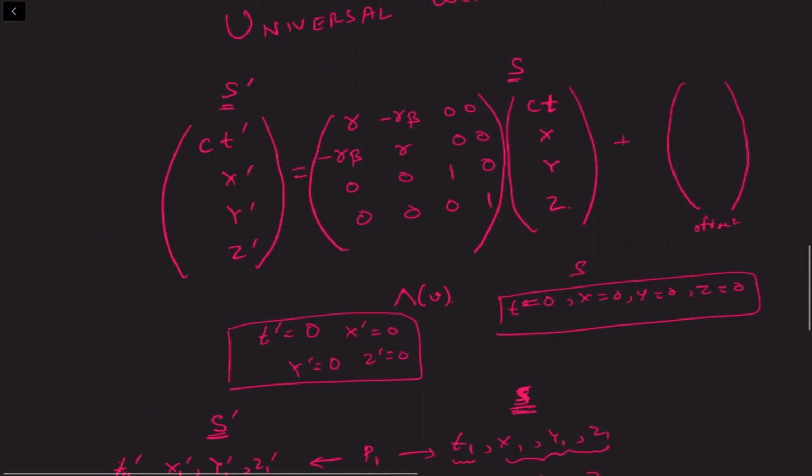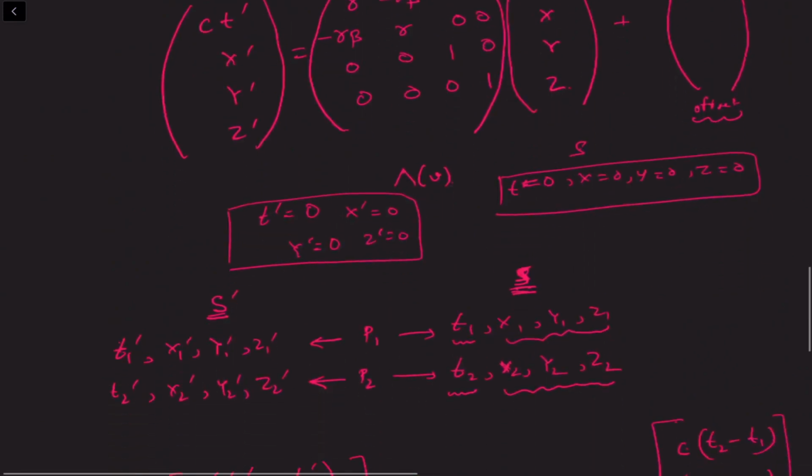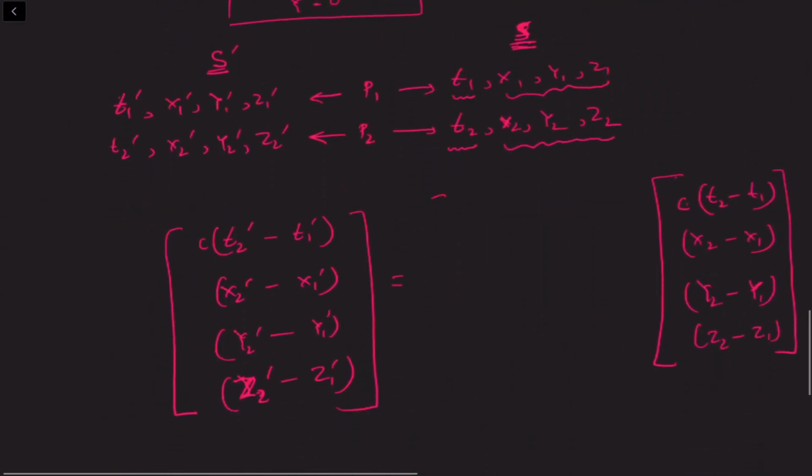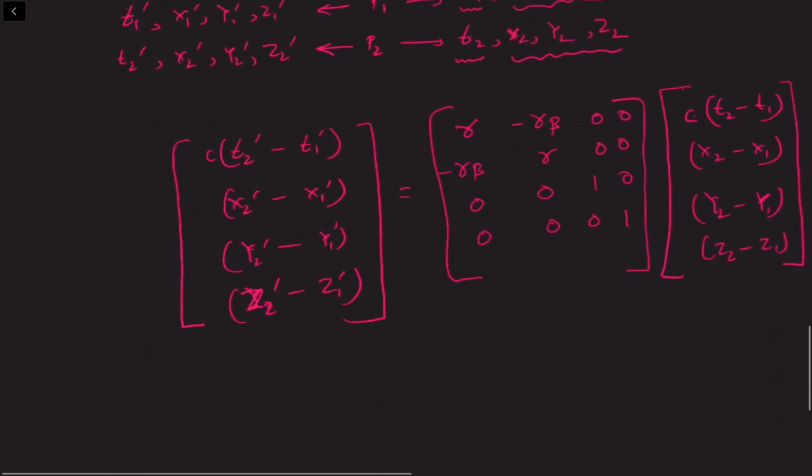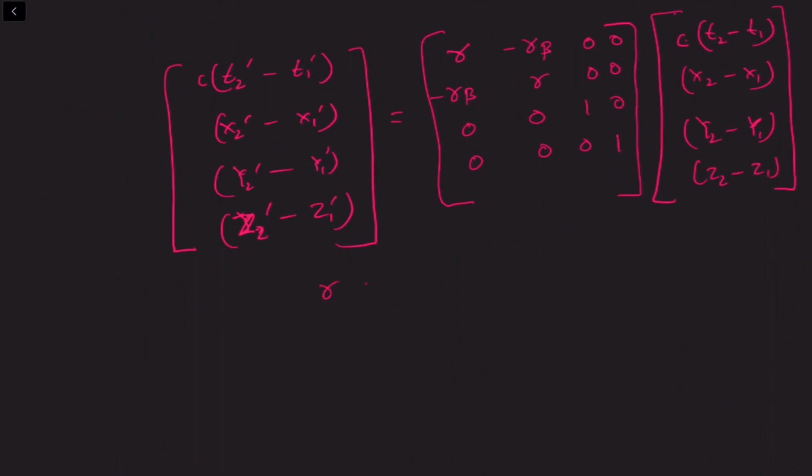The first thing that you would see is that the offset matrix doesn't really matter when we take the difference between two space-time points. So the choice of origin will be irrelevant. And therefore the transformation matrix in this case would be gamma, minus gamma beta, 0, 0; minus gamma beta, gamma, 0, 0; 0, 0, 1, 0; 0, 0, 0, 1. And gamma, of course, let me just remind you, is 1 over the square root of 1 minus v squared by c squared, and beta is v by c.